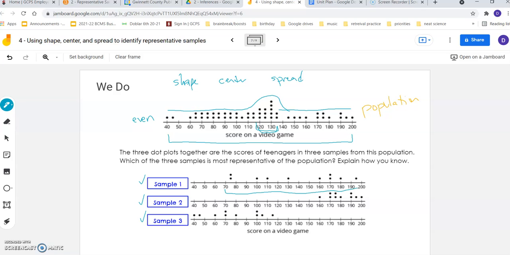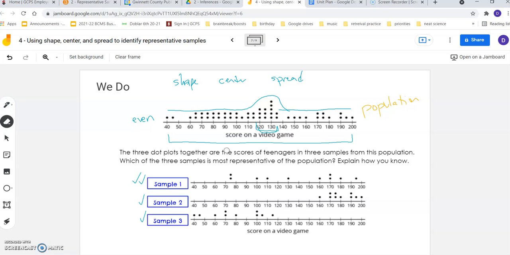It is the most spread out, and this was very spread out. These others are all super clustered in one place, very high scores or very low scores. So in terms of spread, I really think only sample number 1 is reasonable.